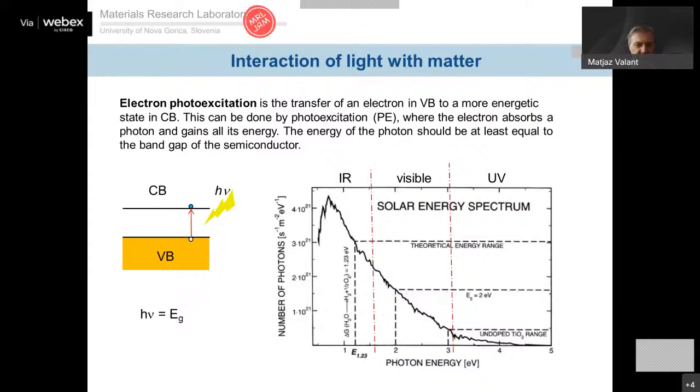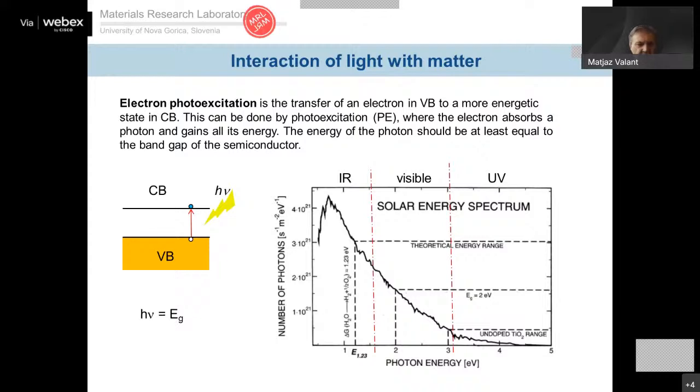Okay, now first of all, let's talk about photoexcitation. We talked about it a little bit, but I would like to repeat that slightly and extend it a bit. We said that the electron can be excited by a photon only if the energy of the photon is higher than the energy of the band gap.